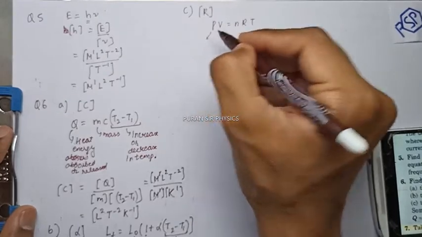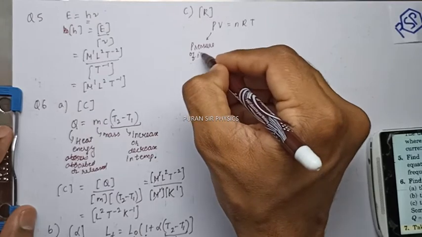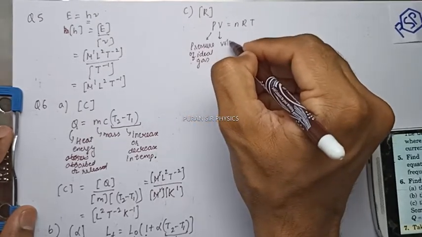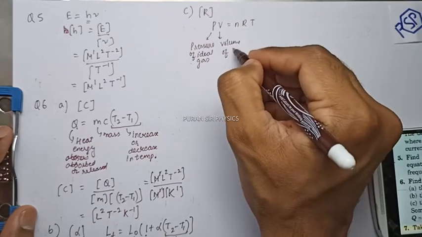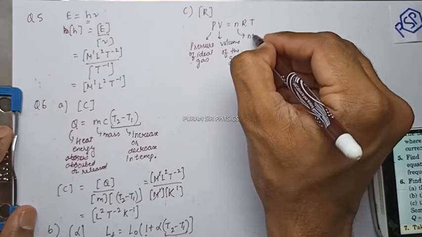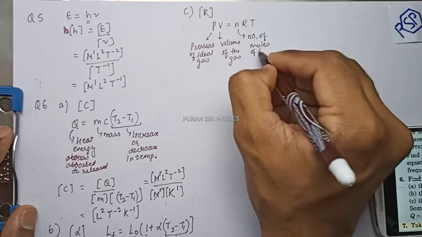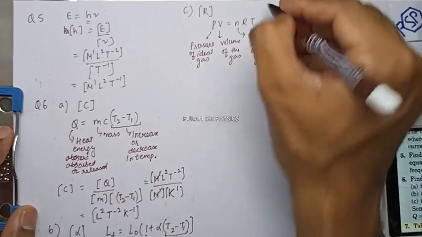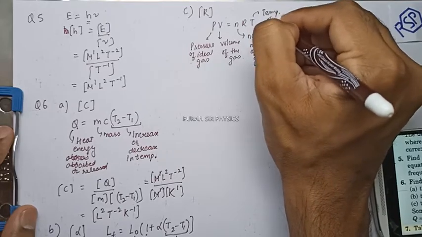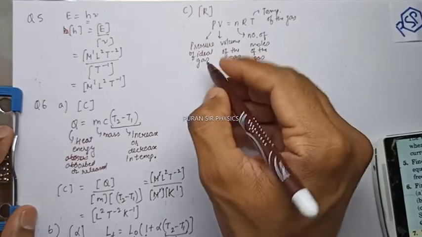So here your P is pressure of the ideal gas, and V is the volume of the gas, n is the number of moles of the gas, and T is the temperature of the gas, and this equation is called ideal gas equation.